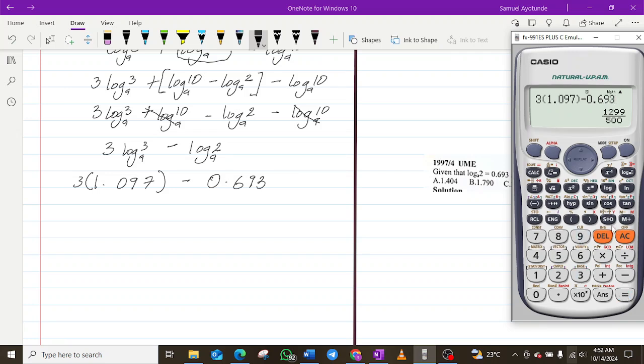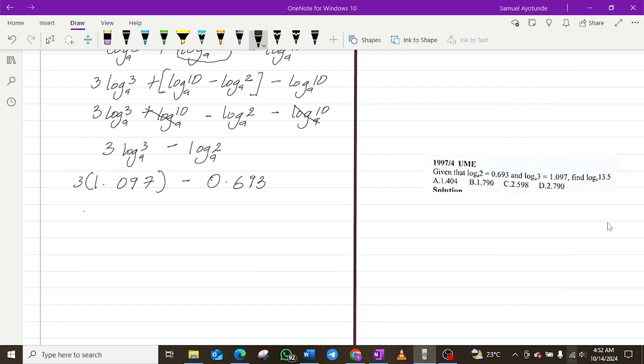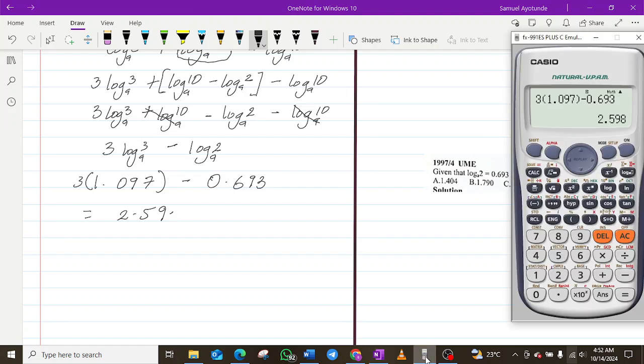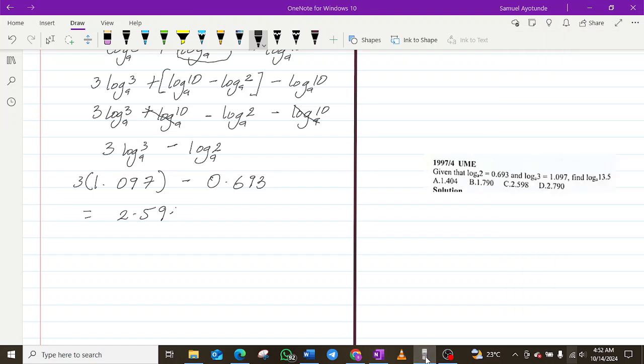So we have the answer 2.598. So that is the simplification for the answer to the question, and the answer is option C.